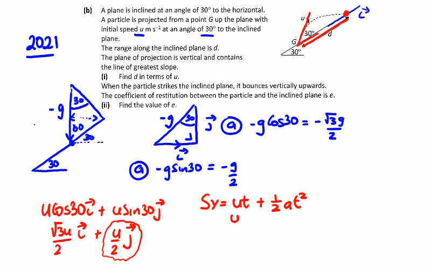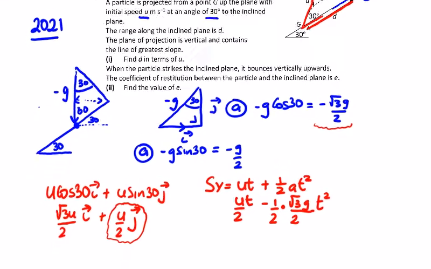So we have u over 2 times t, or ut over 2. The acceleration in the J direction we have here is minus root 3g over 2. So we put the minus first, it's a half, and then the acceleration. So you're going to have two 2's on the bottom, root 3g over 2. And that's times t squared.